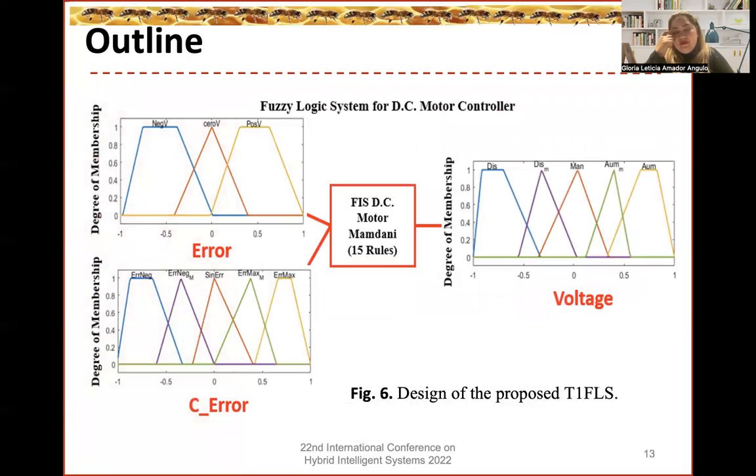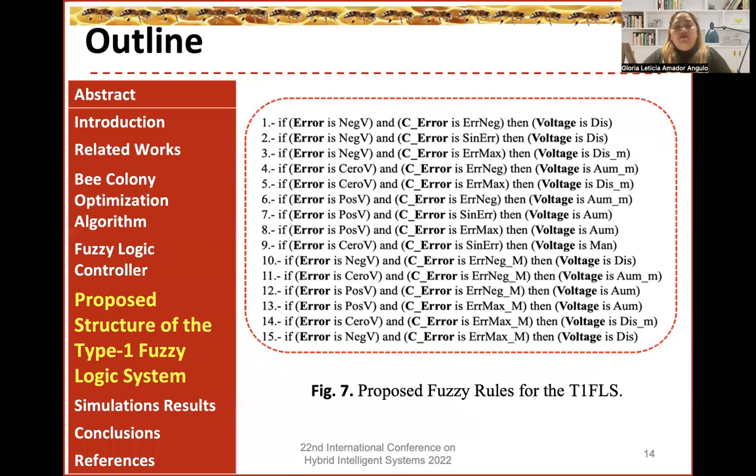The design of the proposed type 1 fuzzy logic system consists of 2 inputs, error and change of error, and 1 output, voltage. The proposed fuzzy rules for the type 1 fuzzy logic system consist of 15 rules.